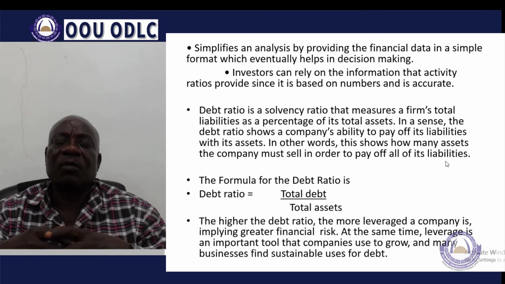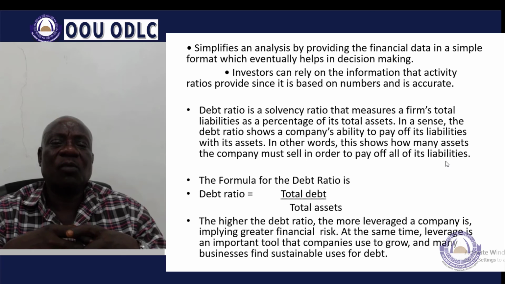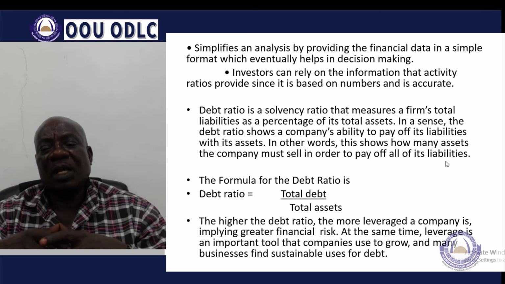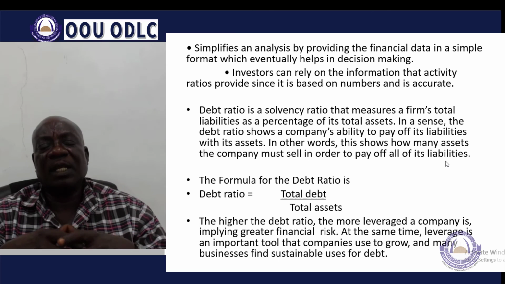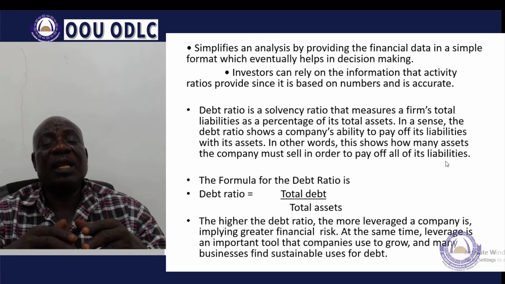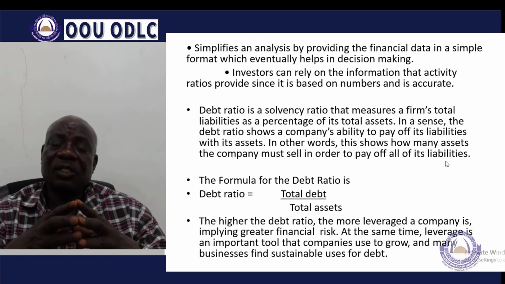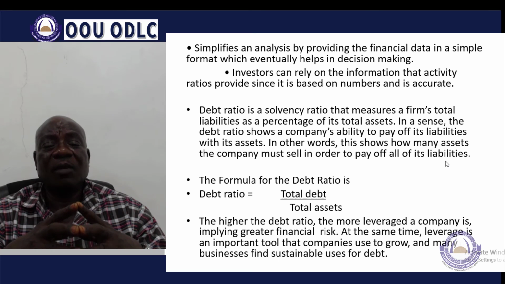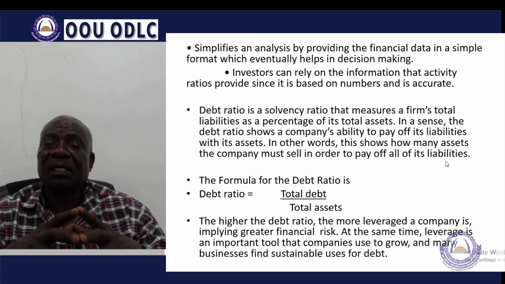If the amount the company is borrowing from outside is more than the capital, then the company is of high gearing. But if the amount of its capital is more than the amount of its liability, that is, its debt, then the company is of low gearing. They determine the leverage of the company, and it shows the financial position of the company, whether the company is actually facing greater financial risk or not.